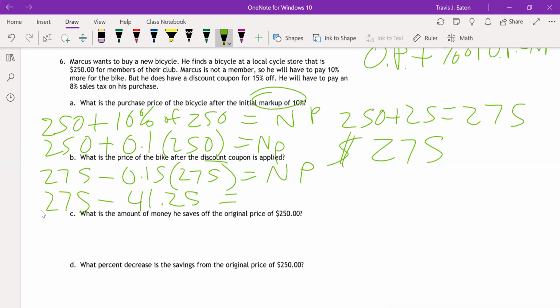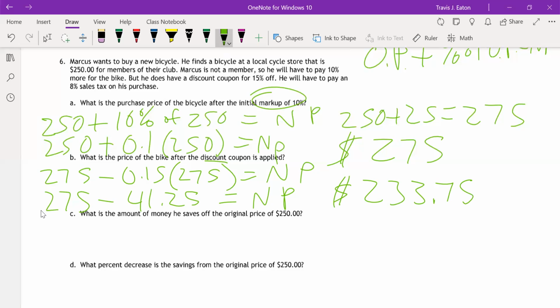And that'll equal our new price. So 275 minus 41.25 gives us $233.75. So that's the price after his discount.